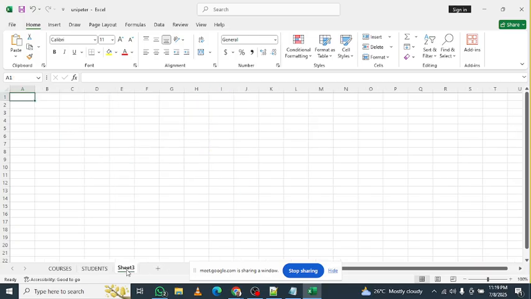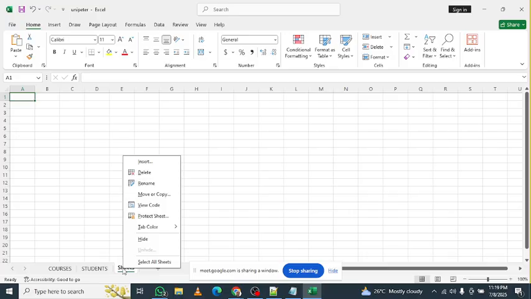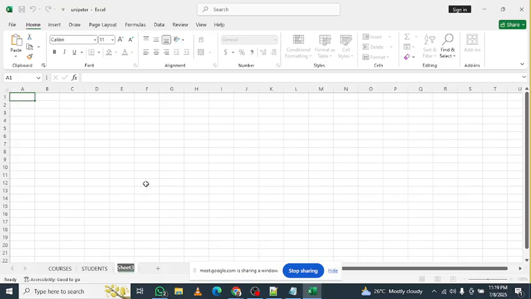So I'm creating another table, which is the third table. This third table is to combine courses and students together. Do you get it? Okay. If I come over here, I rename.